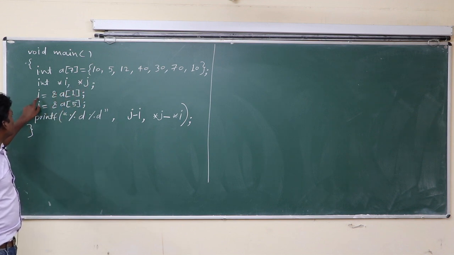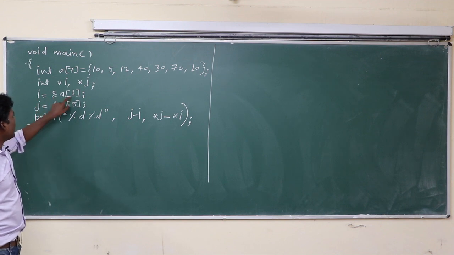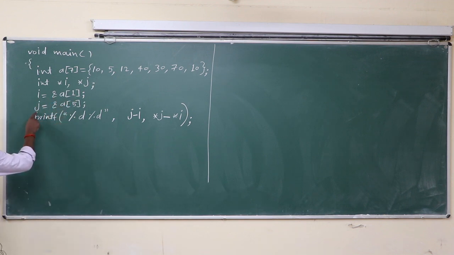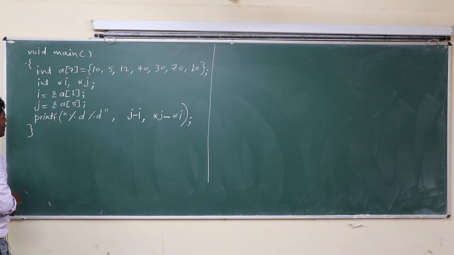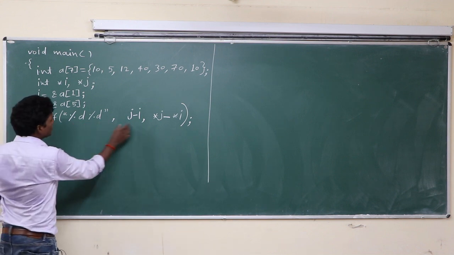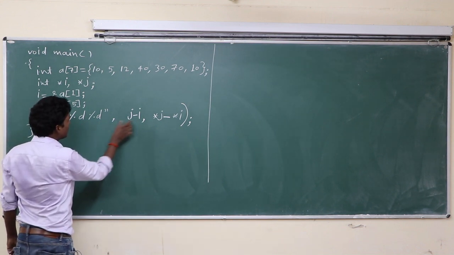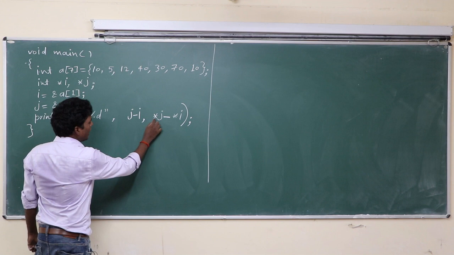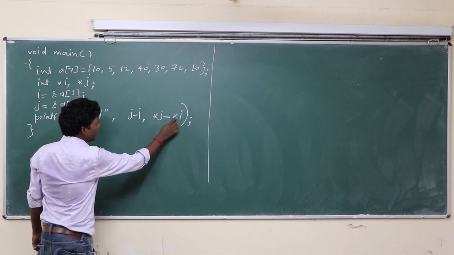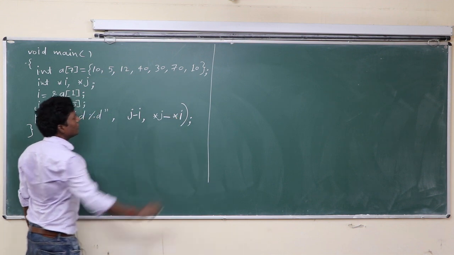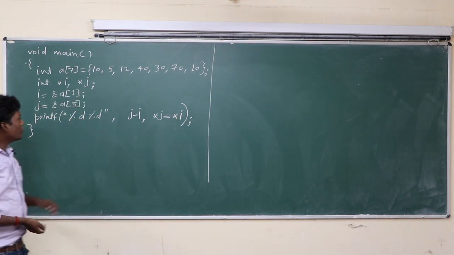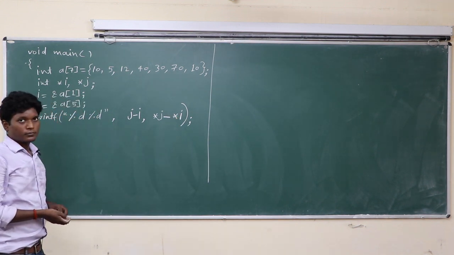I has ampersand a of 1 and j has ampersand a of 5. So what will be the output of %d j minus I, %d asterisk j minus asterisk I? What will be the output of this program?